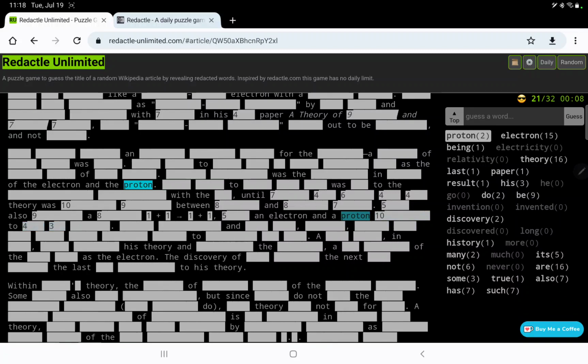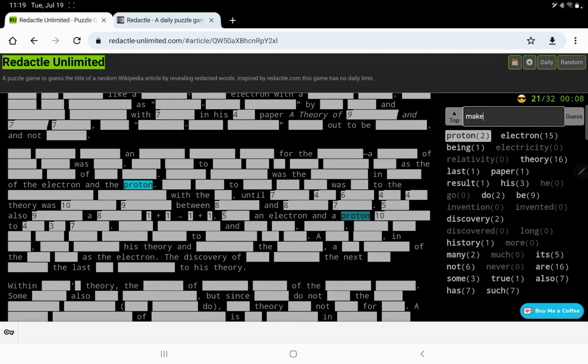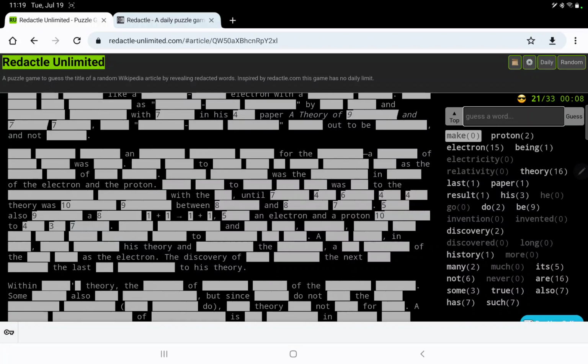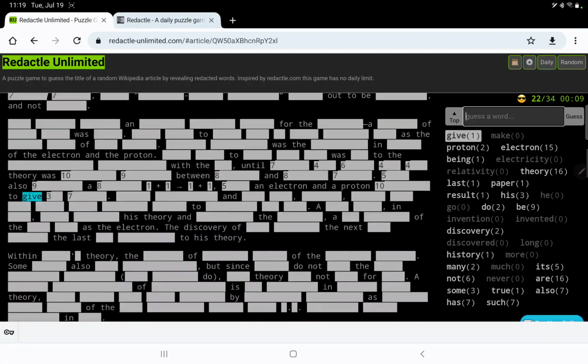To give something. Yes, to give. Okay, so 15 electrons, just 2 protons.